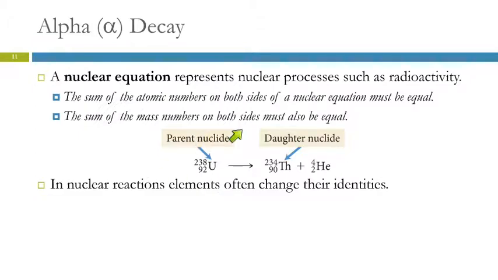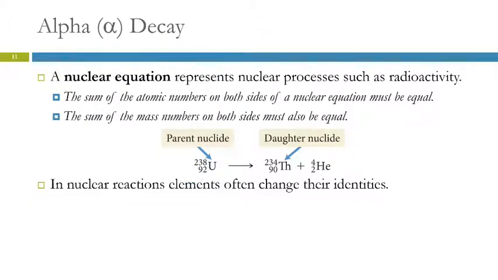So here's an example of a nuclear equation for alpha decay. Here we have the parent nuclide. The parent gives off a piece and becomes the daughter. So uranium turns into thorium plus a helium nucleus. Now the mass number of uranium-238 is obviously 238.